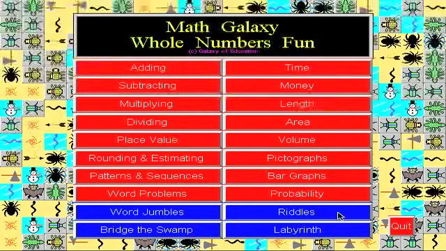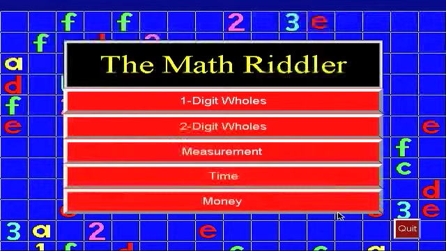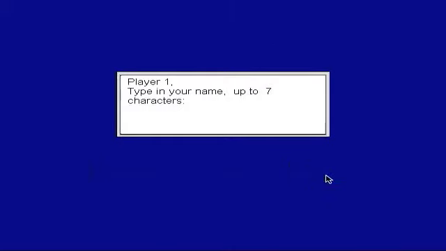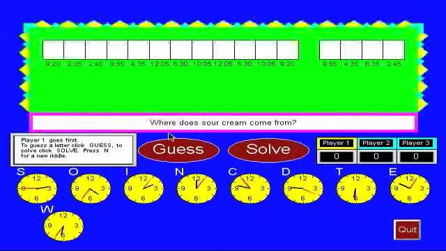There's also a riddles game like Wheel of Fortune, where the answers to math problems help you solve a riddle. And you can do these topics, for example, time. There are up to 3 players. So here the riddle is, where does sour cream come from?